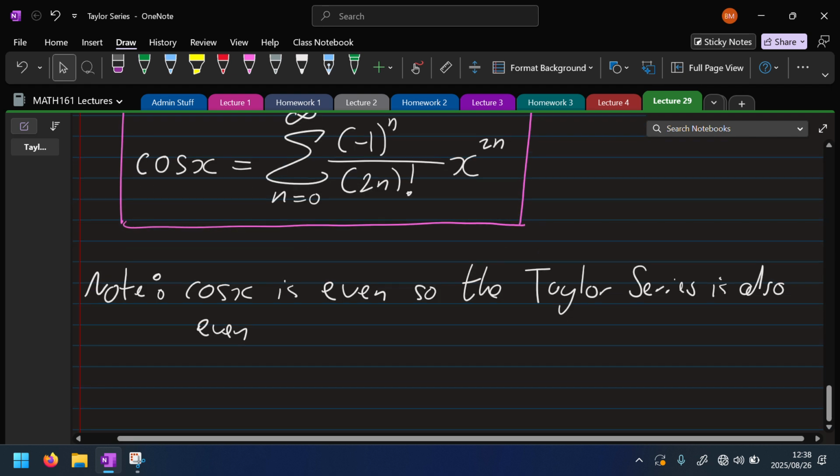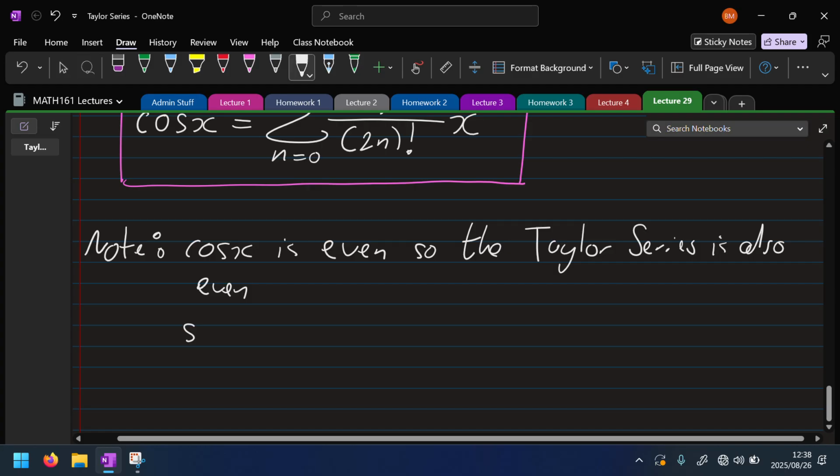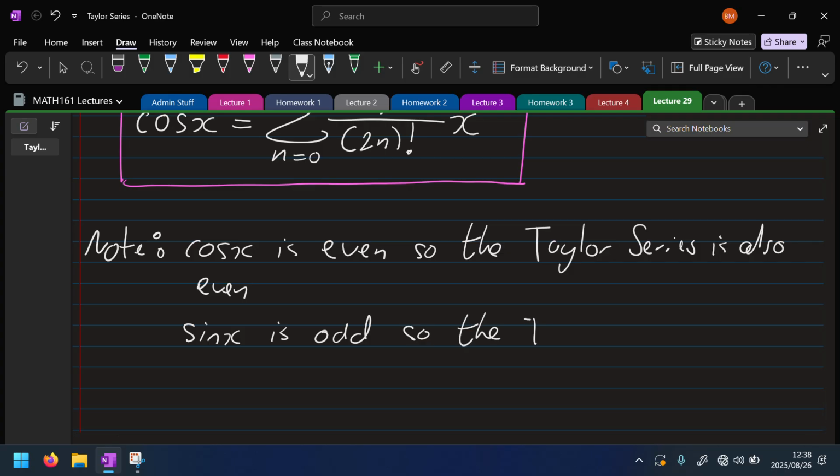Sine is odd, so the Taylor series is also odd. If you know the function is even, then your Taylor series will be even. If you know your function is odd, then your Taylor series will also be odd.